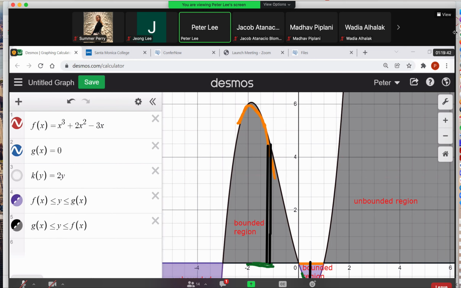On this side here, again, the top is on the orange curve, and the bottom is on the green curve. So the orange curve is the upper boundary, and the green is the lower boundary, so that we can make the height always positive. The height is always the top minus the bottom when you get the area by dx slicing. This is how we do it.